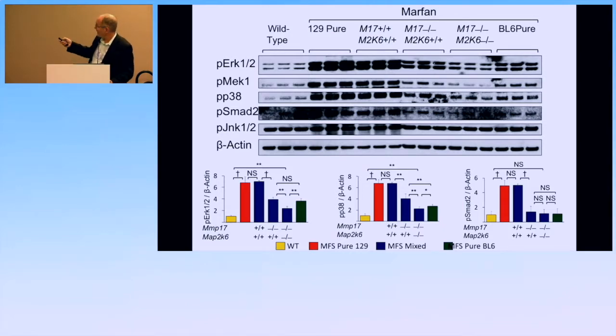We can see that if you knock out MMP17 alone, you significantly reduce the level of ERK activation, completely normalize the level of SMAD activation. If you knock out both of those genes, you're back down to BL/6 or protected levels.